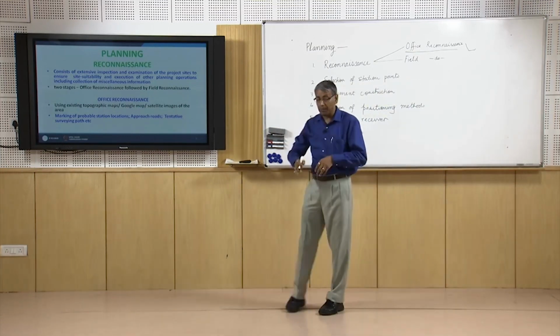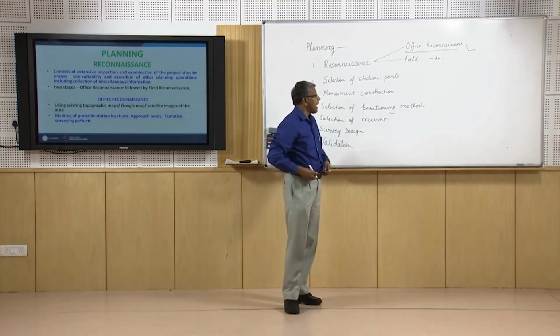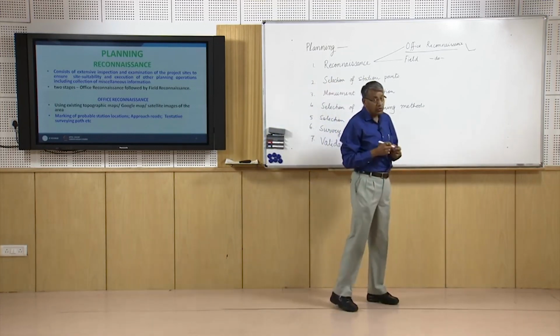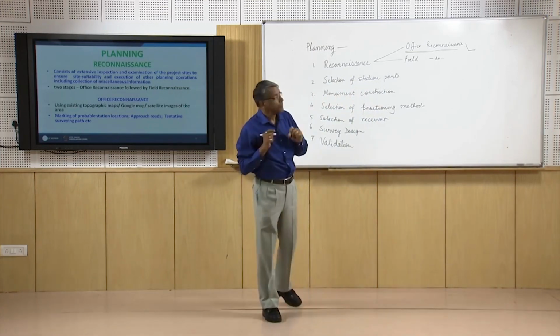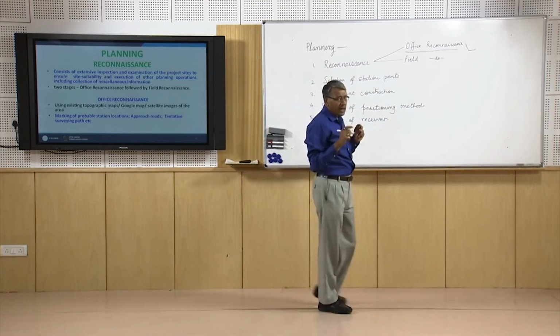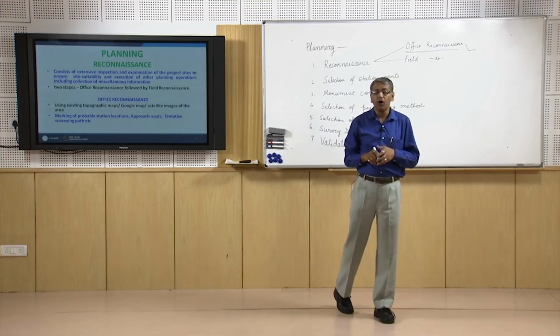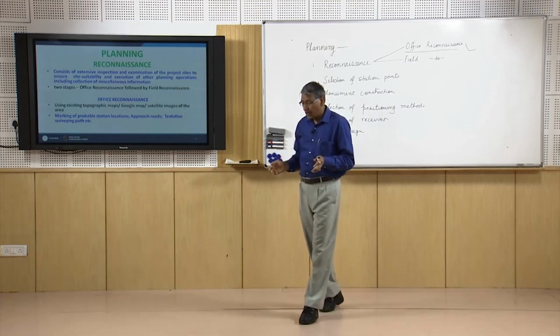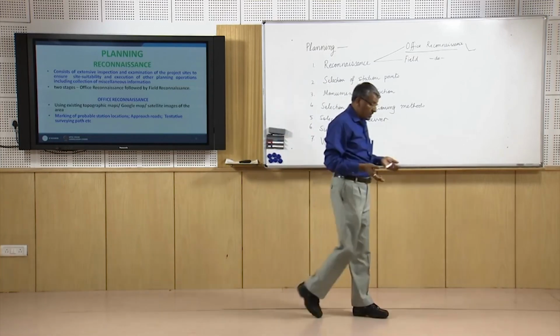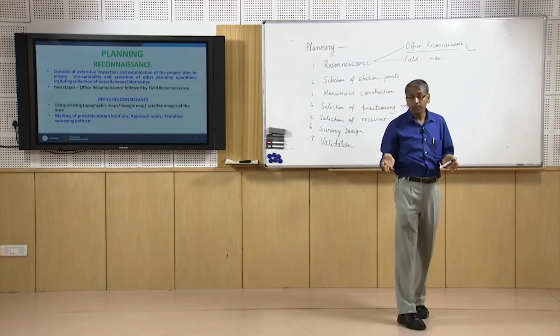From the topographic map we try to find out the possible locations where stations may be established, and also we look for the possible routes through which we have to go to the site.